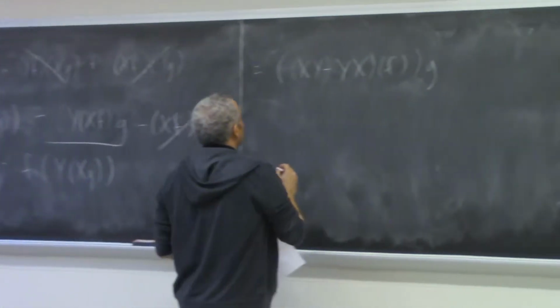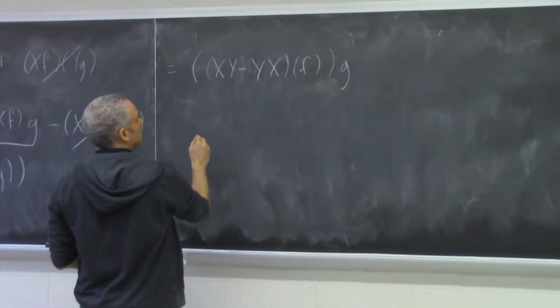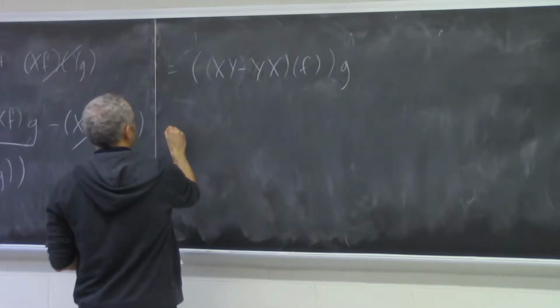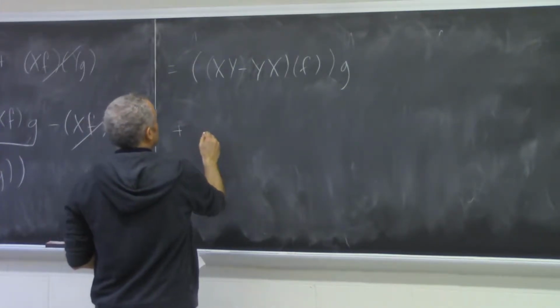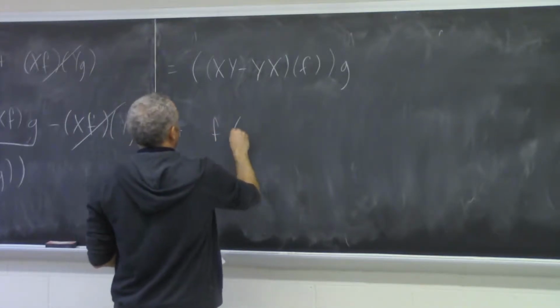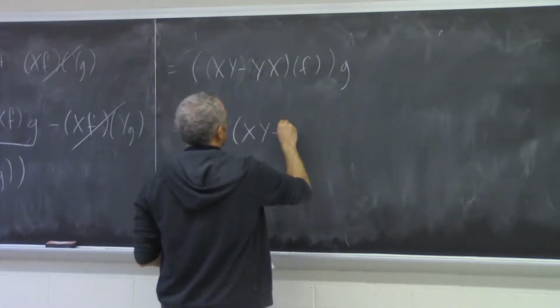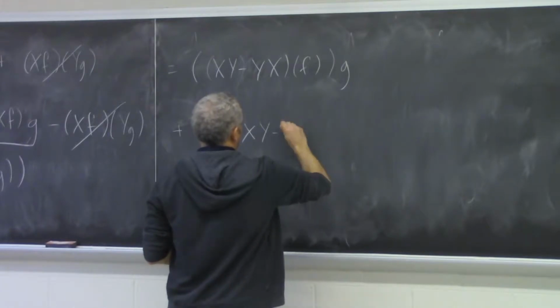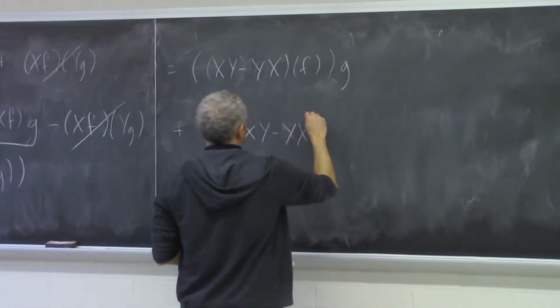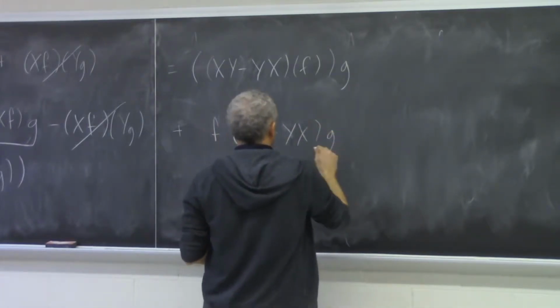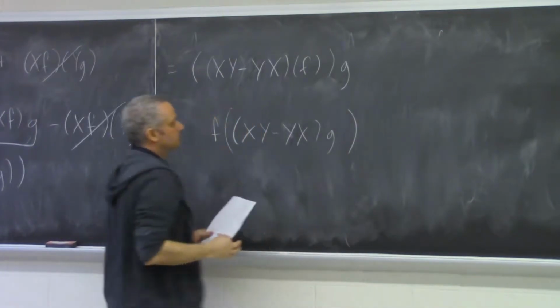Good. And then we can probably guess what we have. Plus f, and then we have xy minus yx acting on g, so we'll put it like that.